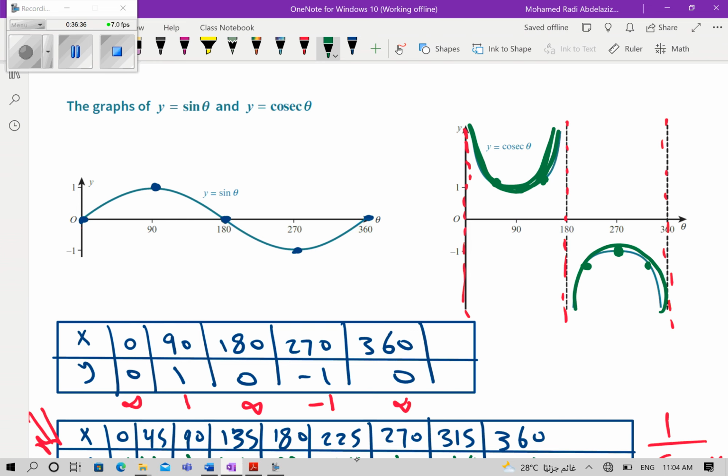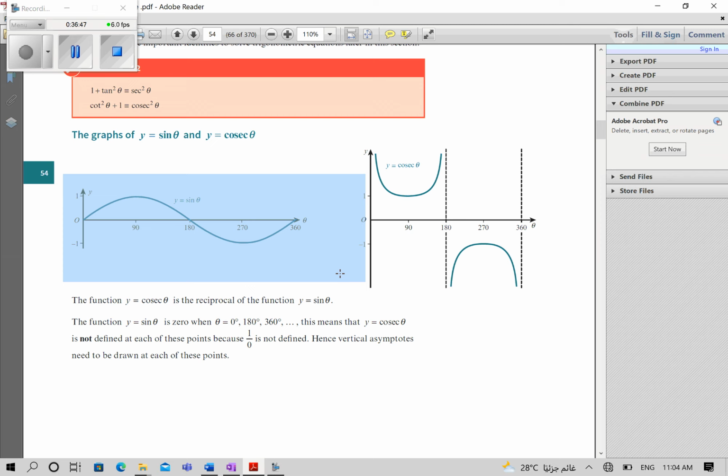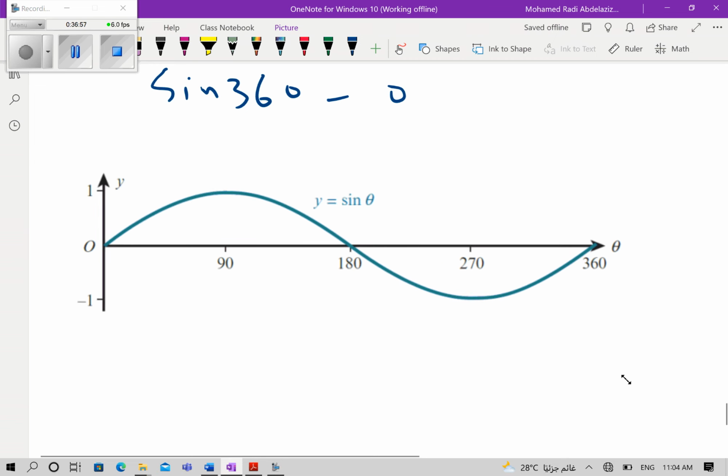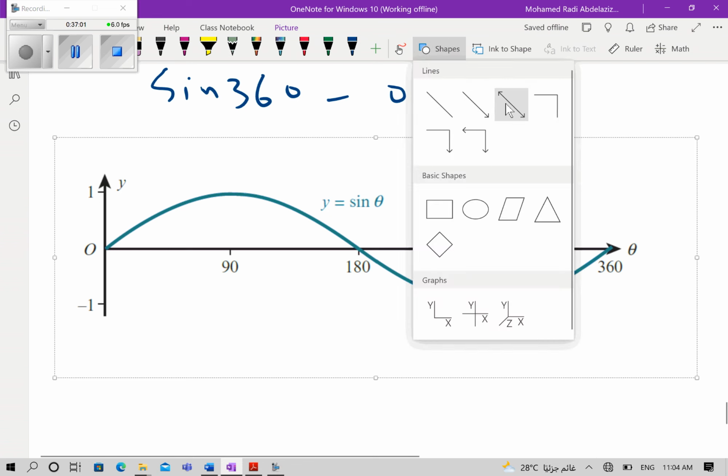I will now explain directly how to use sine to sketch cosec. I will give the graph only for sine and show how to sketch both on the same graph. This is the graph of sine, right? Asymptote line at what?